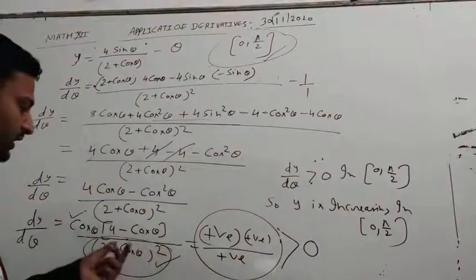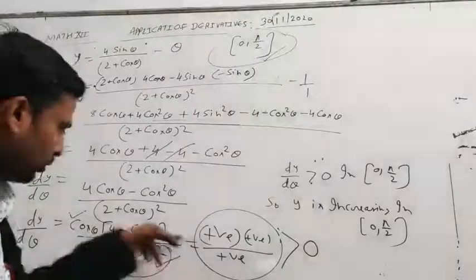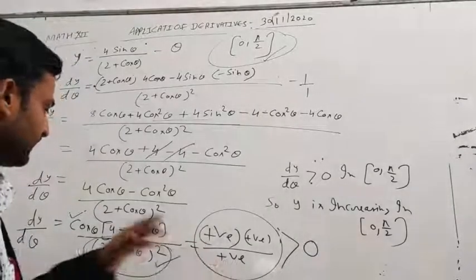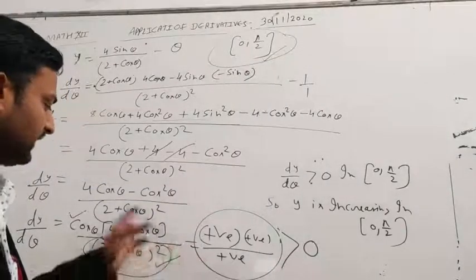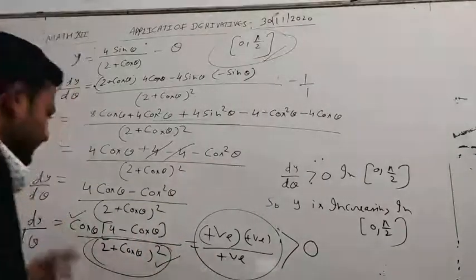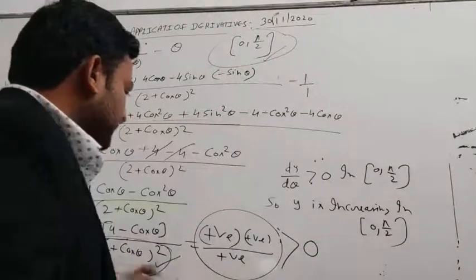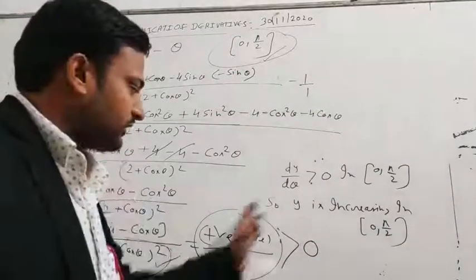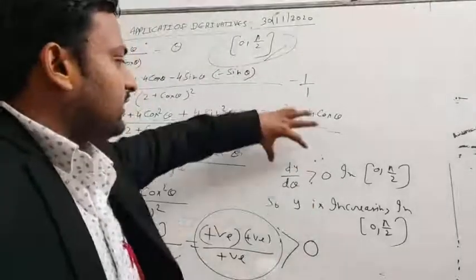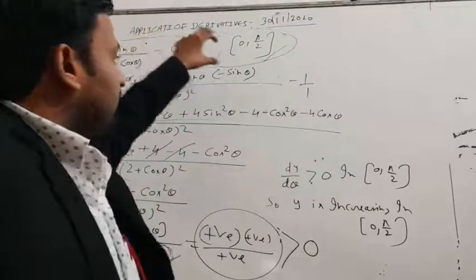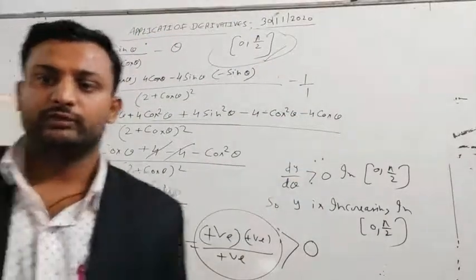Okay, so if this is negative or positive, it will be positive. So the whole denominator is positive. So we are seeing that our numerator and denominator is positive. That is, our right hand side is positive. So f dash x, either dy by d theta, is greater than 0. So this is positive. So on the basis of this, we can say that the given curve will be increasing in the interval 0 to pi by 2. I hope you understand. Thank you.